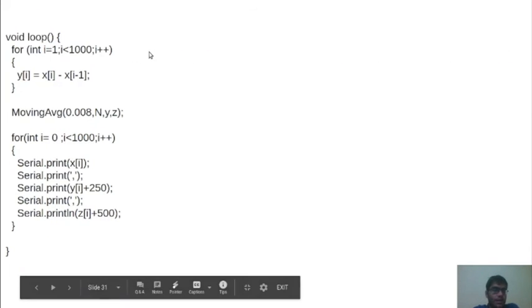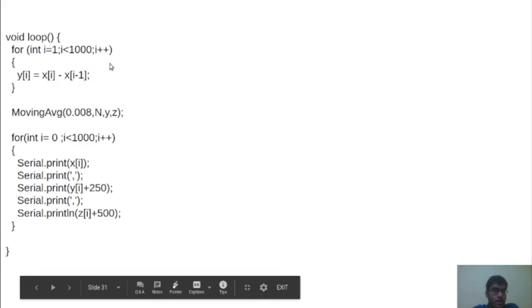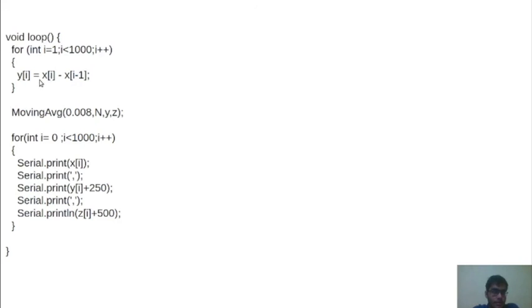This is the main loop which runs continuously. Here we find the difference yi minus xi, first passing it to the difference filter, then applying the moving average filter over it, and then plotting these values: the xi, the yi and the zi. The zi is the output.